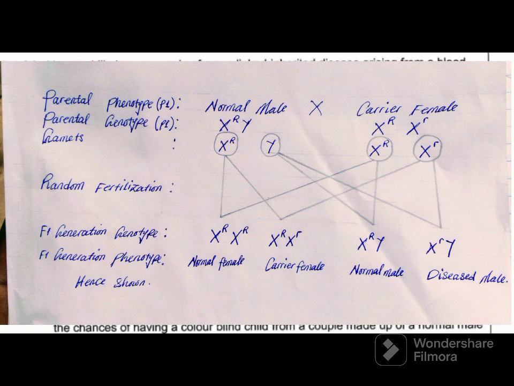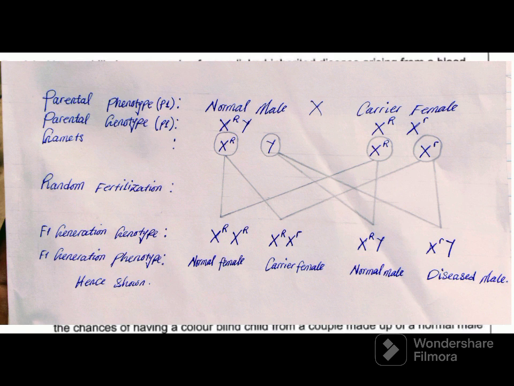You also write the result. The second allele of the normal male must be crossed with the first allele of the carrier female. You also write the result. Lastly, the second allele of the normal male parent must also be crossed with the second allele of the carrier female.